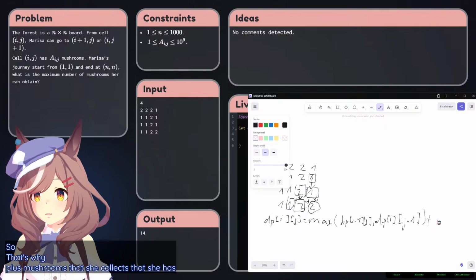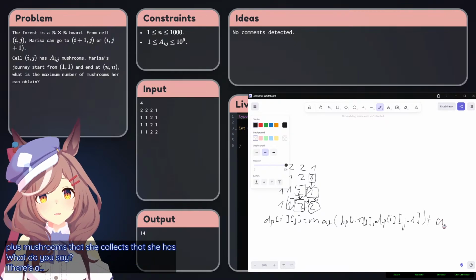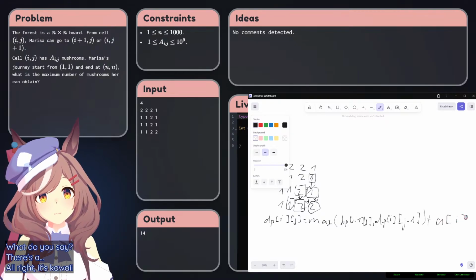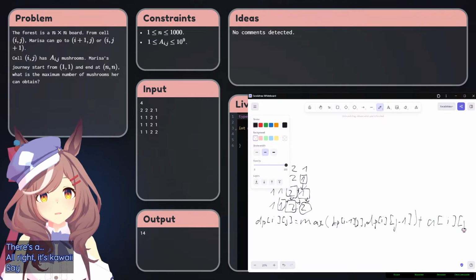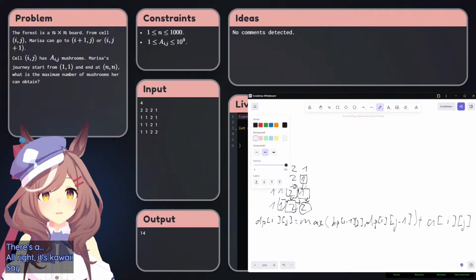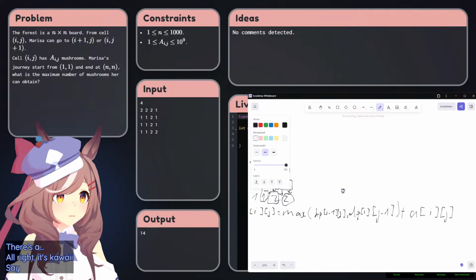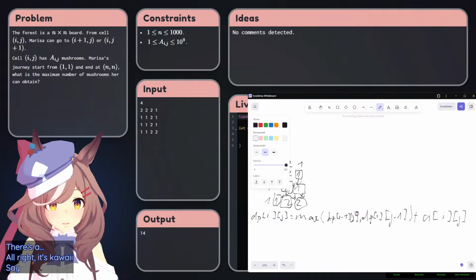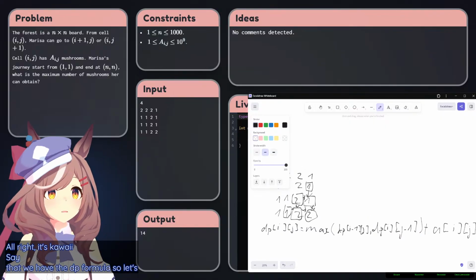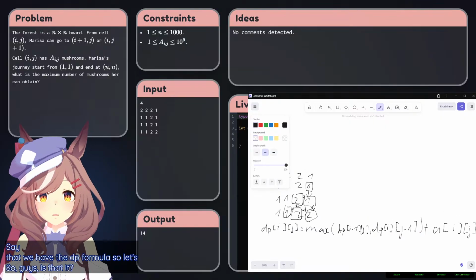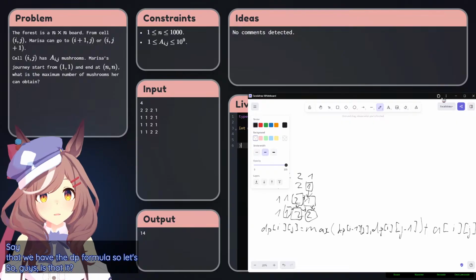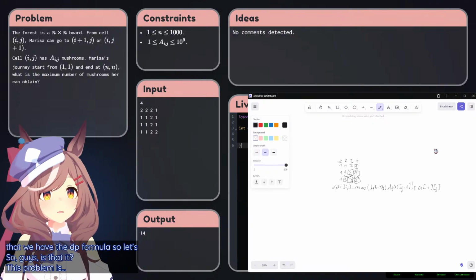And that's the dp formula, so let's get started. This problem is quite easy.